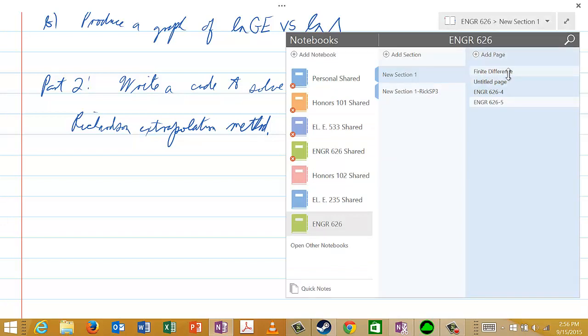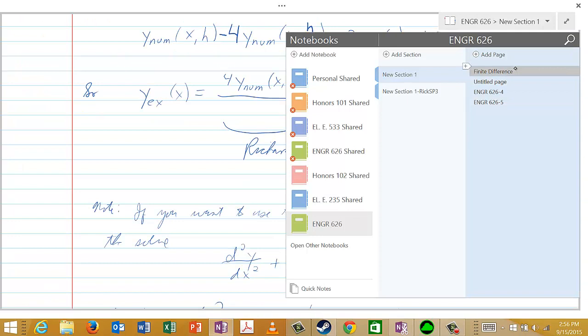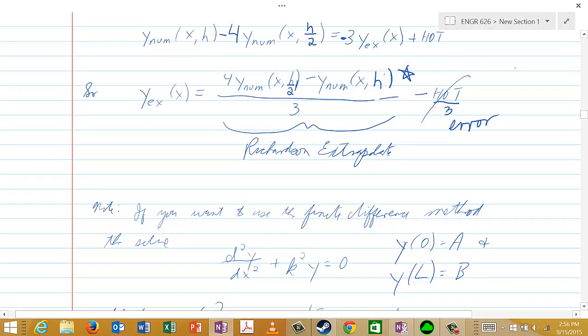Let's call that YRE of x. That's equal to 4 times y numerical of x, h over 2, minus 1 times y numerical of x, h, divided by 3.